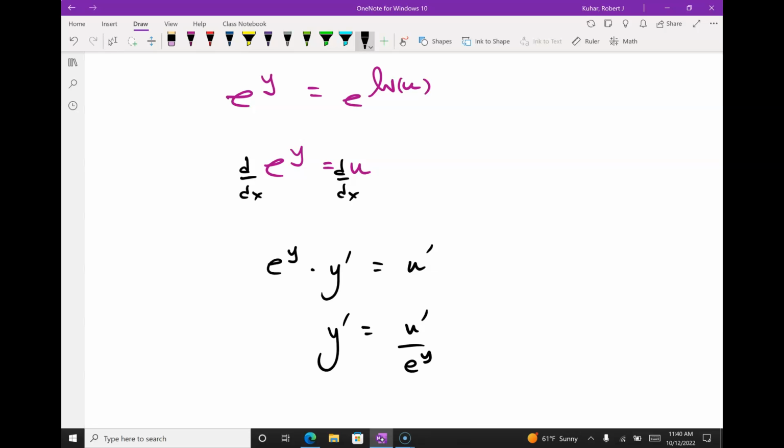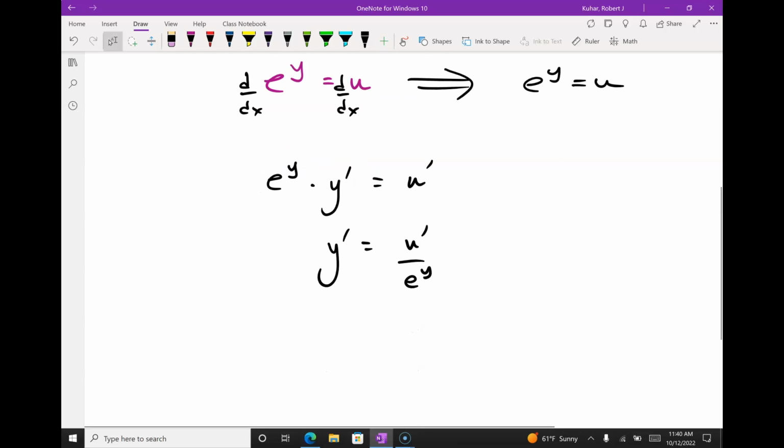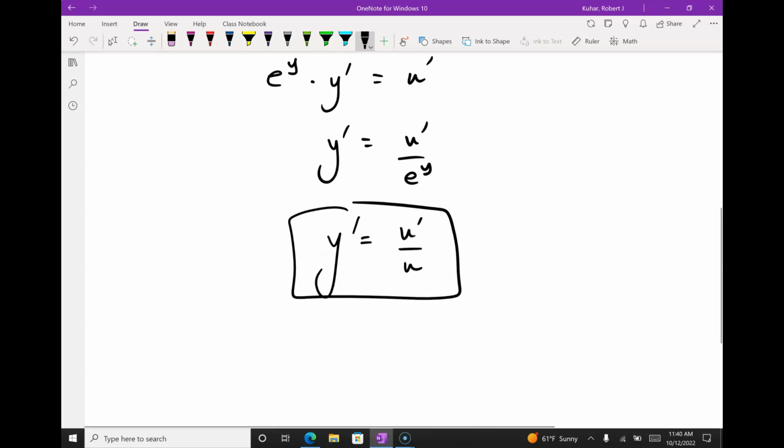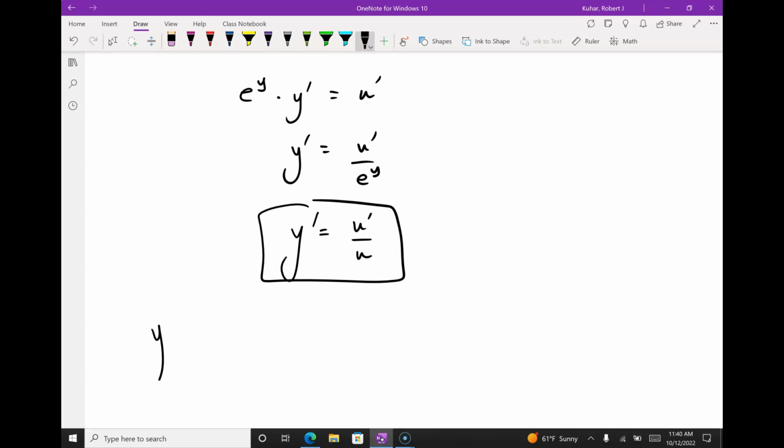But what is e to the y? Do you see it here again? e to the y was just u. So look how simple this derivative becomes. And so you're writing down this formula: if y equals the ln of u, y prime is u prime over u.